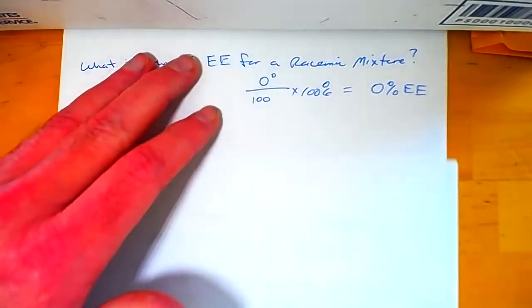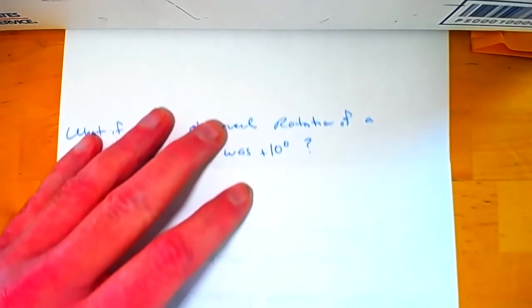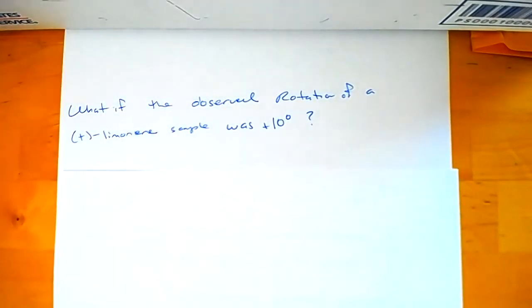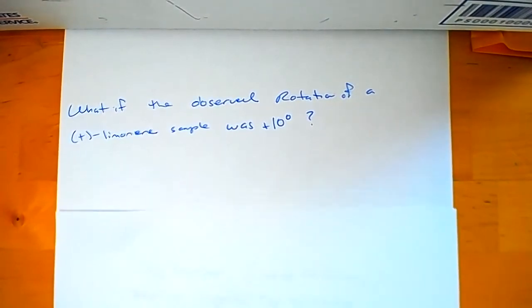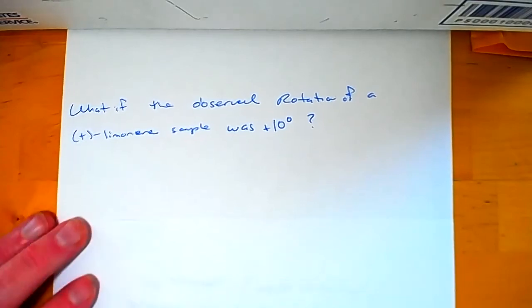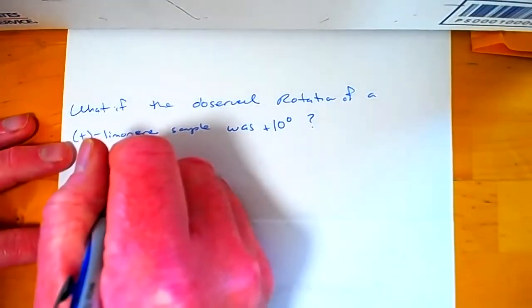Now, let's put this in terms of a practical example. So based on what we were just looking at a moment ago with limonene, what if we observed a rotation of a limonene sample, okay, that was supposed to be enriched in positive limonene, and it had a specific rotation of 10 degrees? What would be its enantiomeric excess?